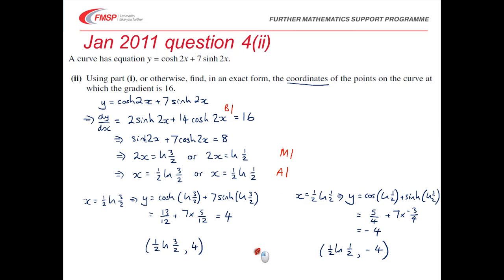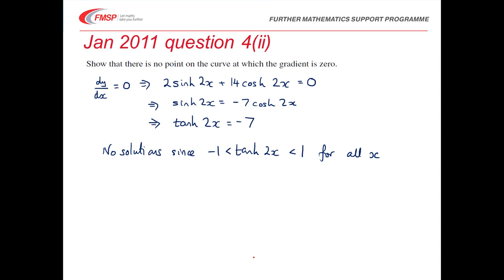There's then a single mark for getting both of the y coordinates correct from your x coordinates. For showing that there are no points where the gradient is 0, there is a method mark for any complete method and an accuracy mark for a convincing argument, bearing in mind that you are told that there are no points.